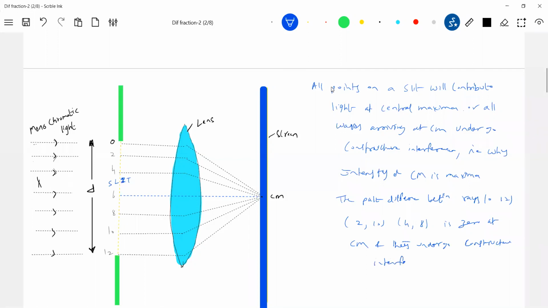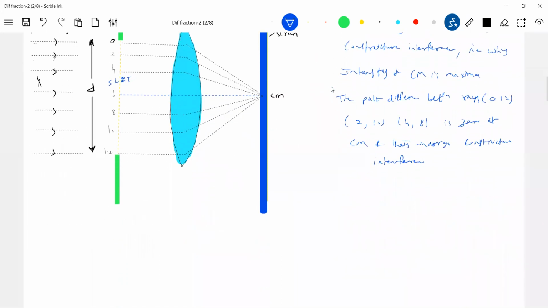Here I'm comparing the rays, and the path difference between the rays is 0. So that is why the central maximum is maximum. I gave enough explanation. Okay, let's go on.